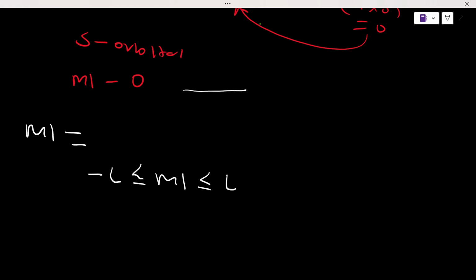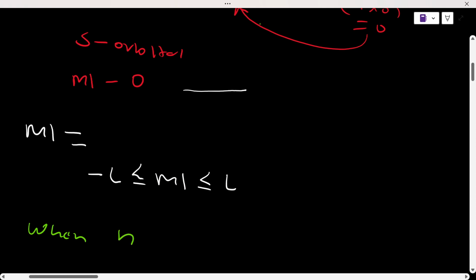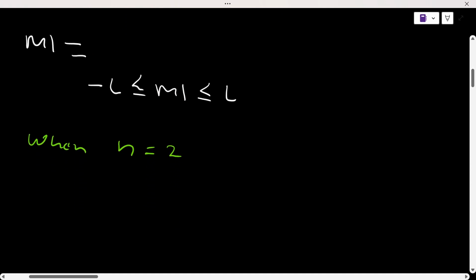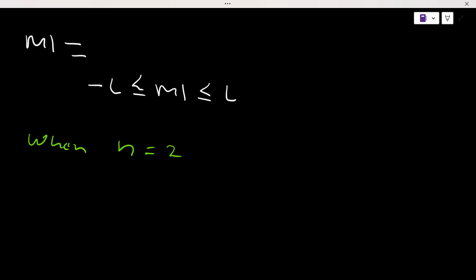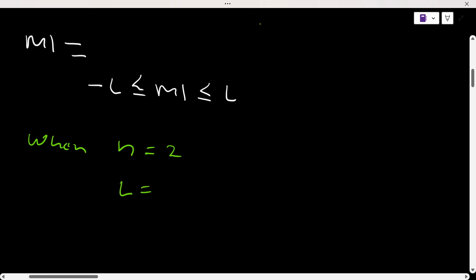So imagine a situation whereby N, which is the principal quantum number, is equal to 2. What did we say? We said when N is 2, L is going to be N minus 1. So L is going to be 2 minus 1. And lastly, L is going to be 1.